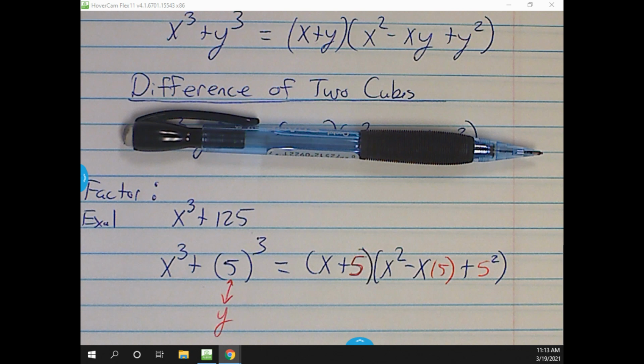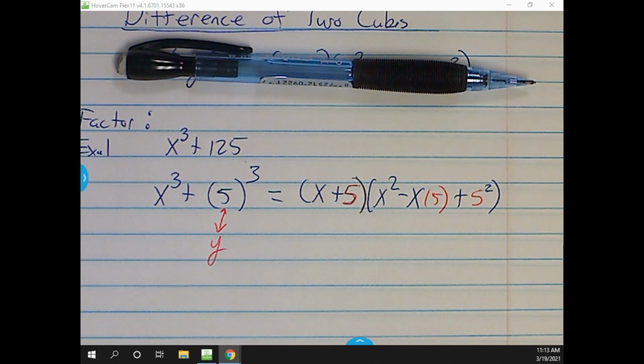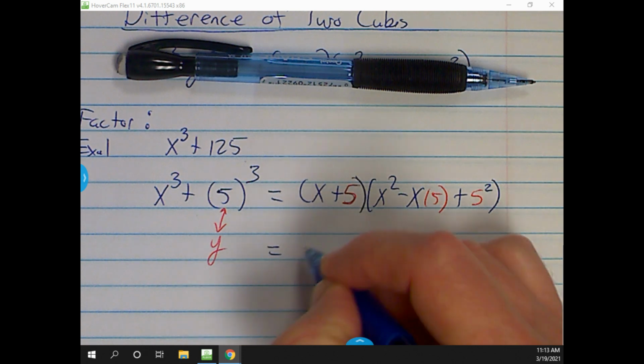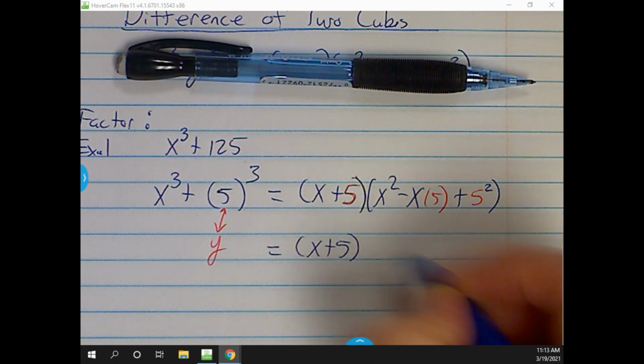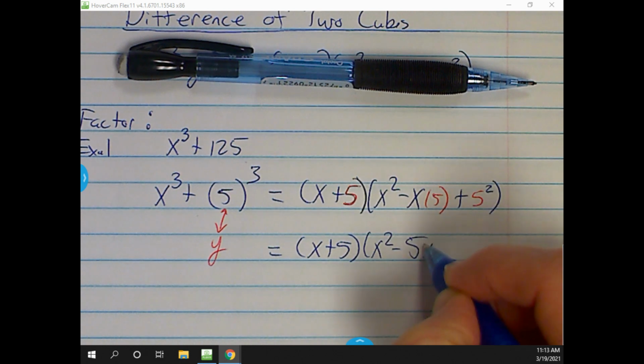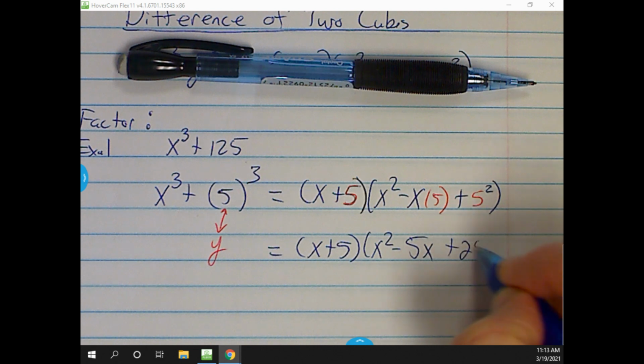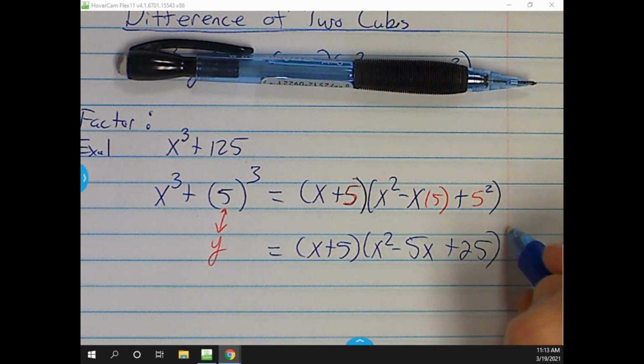All right, and doing that one, there's really only two little tiny things that you can do. You've got the x plus 5 here. Usually this looks funny, so everybody will like to rearrange that and put the 5 in front of the x, so you have something like that. And then with 5 squared, make that 25. And that's as far as this will go.